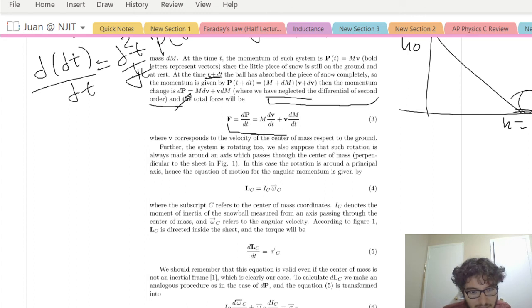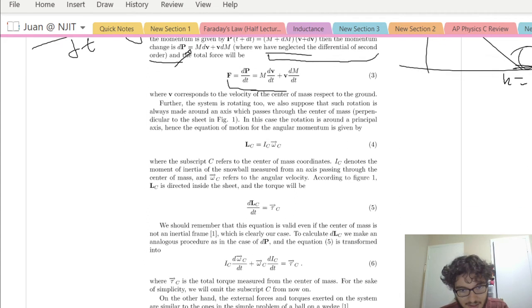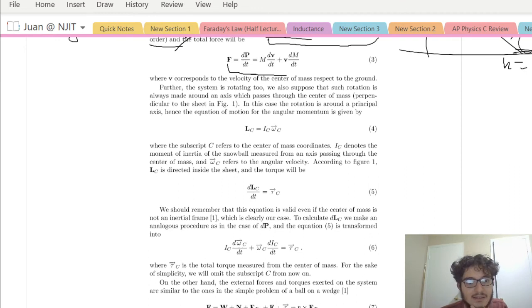And they say that we should remember that this equation is valid even if the center of mass is not an inertial frame, which is clearly our case. To calculate the derivative of the angular momentum, they follow an analogous procedure.